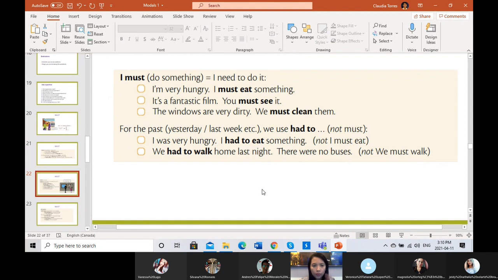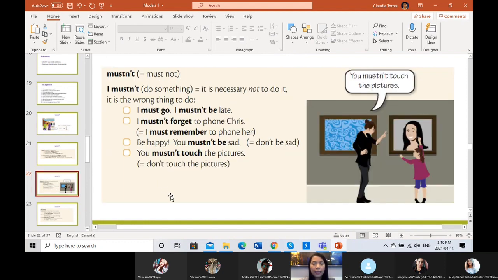Okay, so now in the next one, we're gonna look at the negative sentences. How to make negative sentences with must. So you only have to add not, okay? So must not, or the contraction, mustn't.